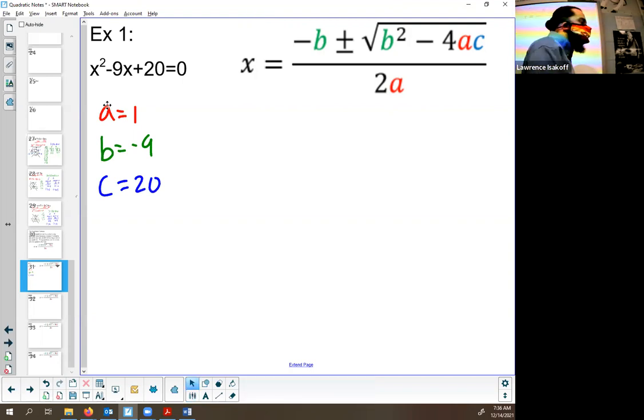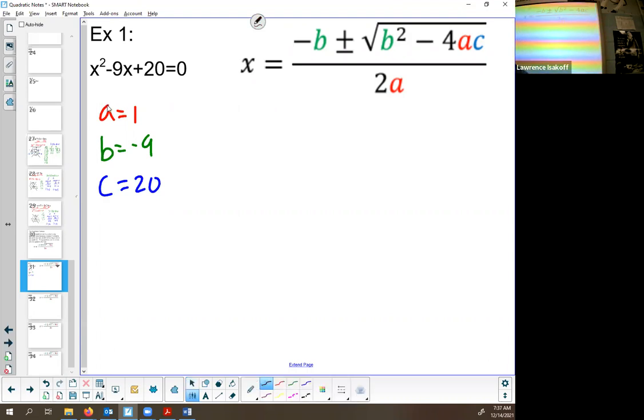So now our goal is to literally just plug these in to the quadratic formula and see what happens. Again, if I wrote something in black on this formula, that means it has to be there every single time. If it's colorful, that's where we're plugging in.